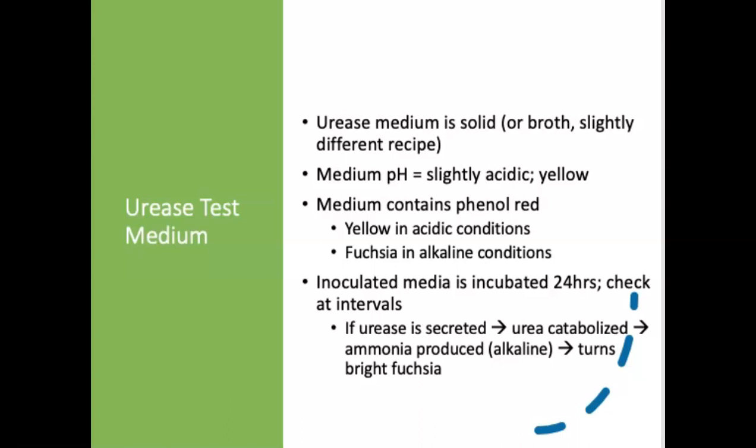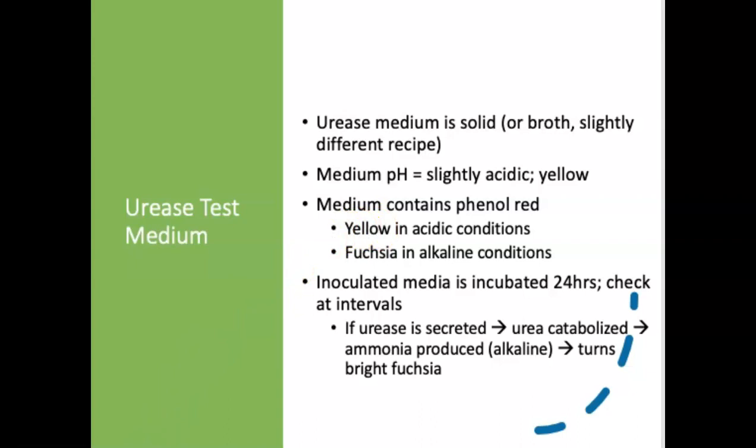Well, in the case of urease medium, the tube starts yellow because the medium itself is acidic. So this time, we're looking for a change to an alkaline pH. This time, we're looking for the phenol red to change color when the pH goes above 7. And the color we're going to see in those conditions is a very bright pink or a fuchsia.